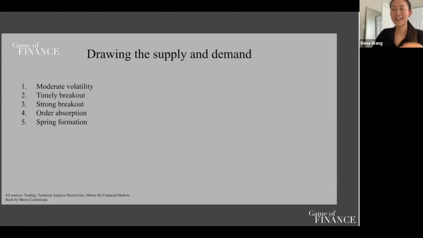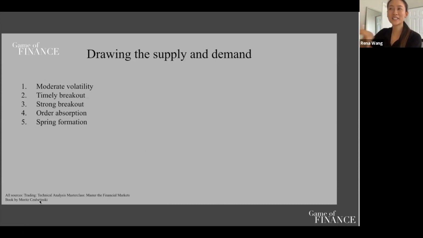Volatility is the degree to which the price fluctuates. Good supply and demand zones are usually relatively narrow, and the price does not fluctuate strongly during the short consolidation phases. So this indicates a proper balance between the buyers and sellers.